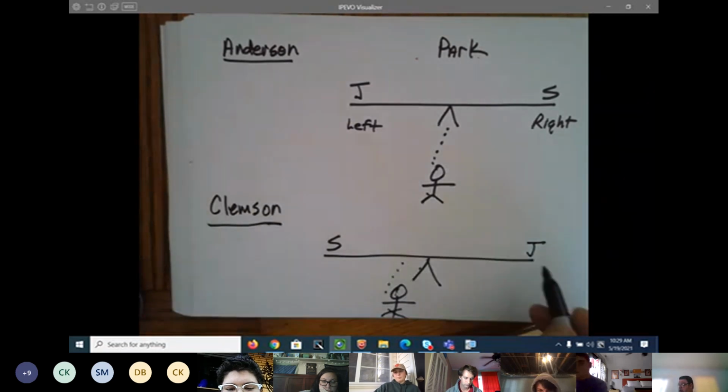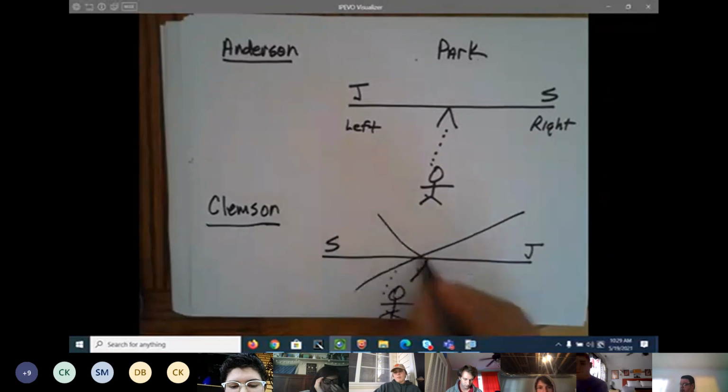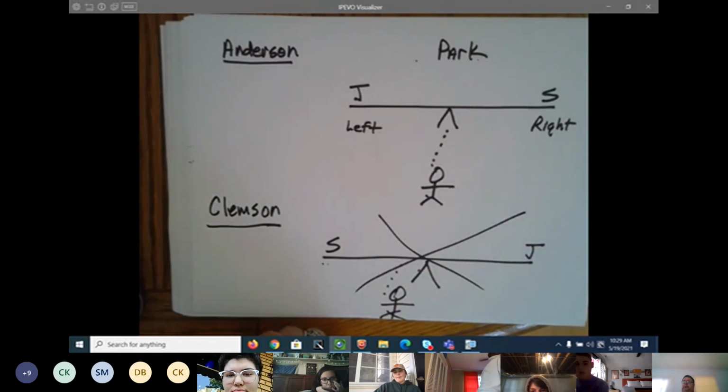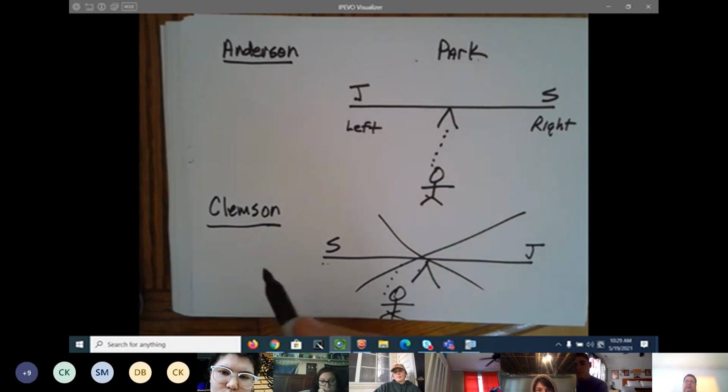Why can't Jody get on the right side and Susie get on the left side? It's not distributed correctly. No, it's a seesaw. Is there somebody out there saying that makes no sense whatsoever? Jody and Susie can sit on either side of the seesaw.